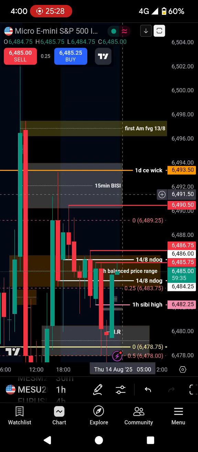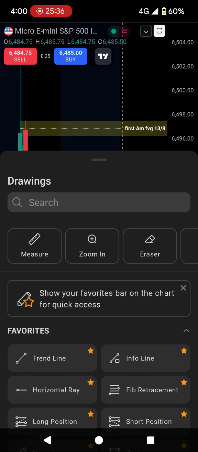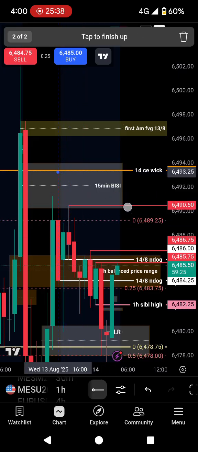The next will be the daily C week, which is on top there. So the 1 hour C week, eyeballing it, comes at 6491.5.